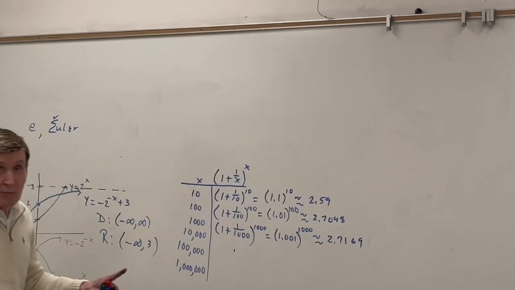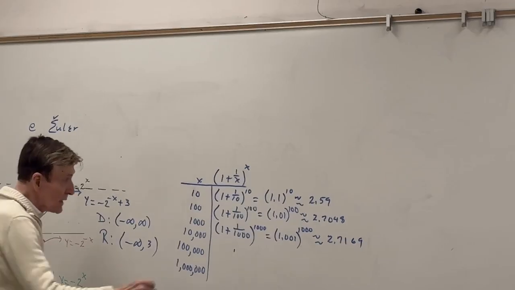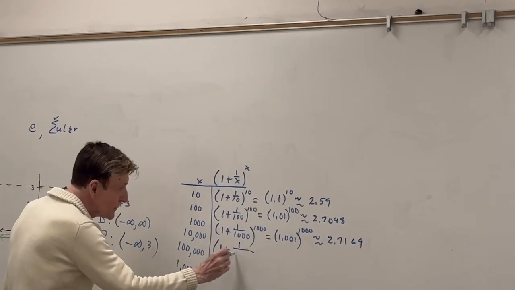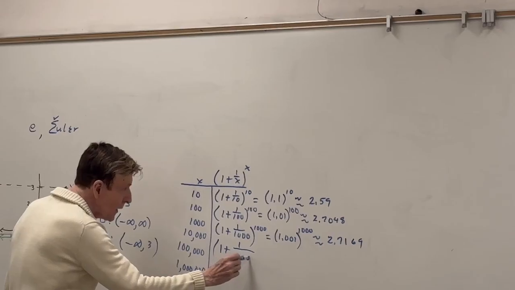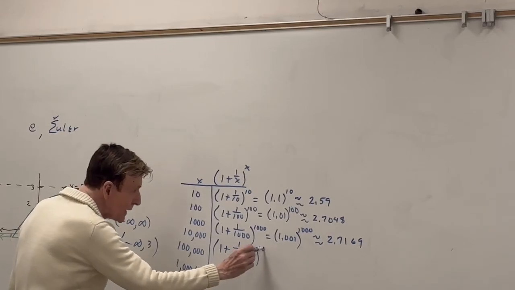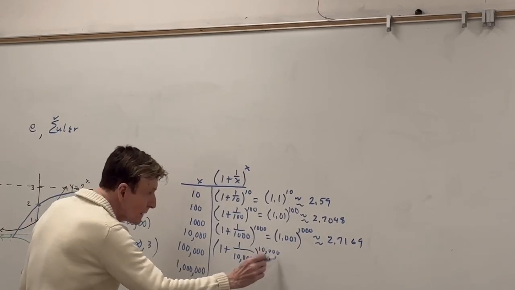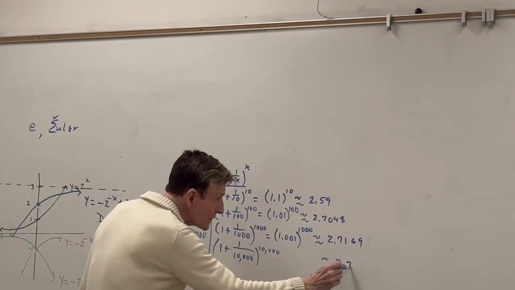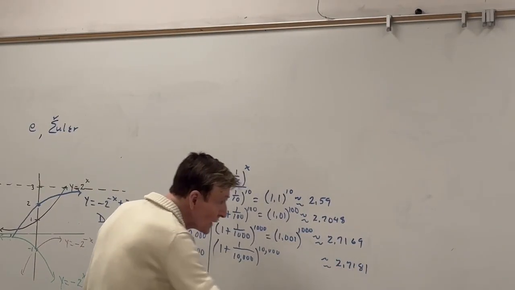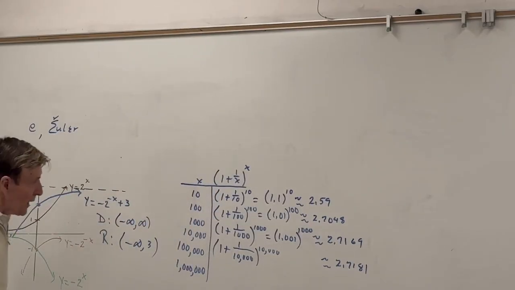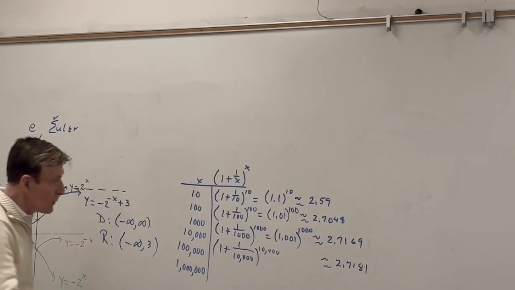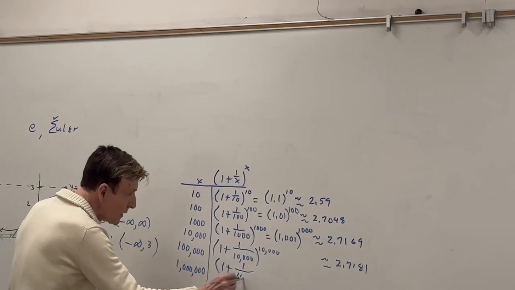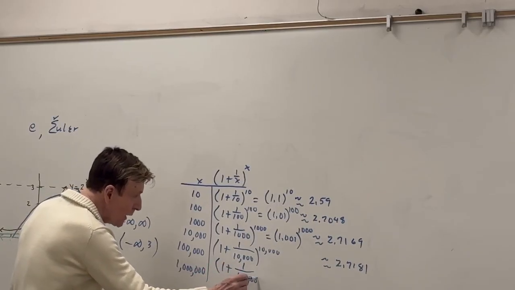Okay, let's try 10,000. Tell me what you get. 2.7181. Okay, let's try 100,000. I'm showing my students that these large numbers are taking me somewhere.